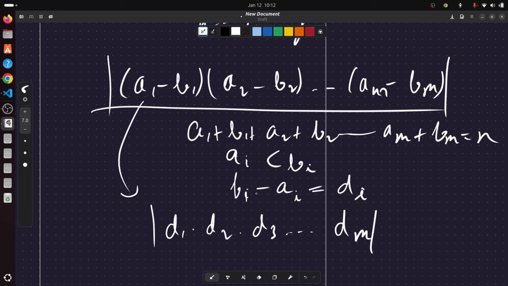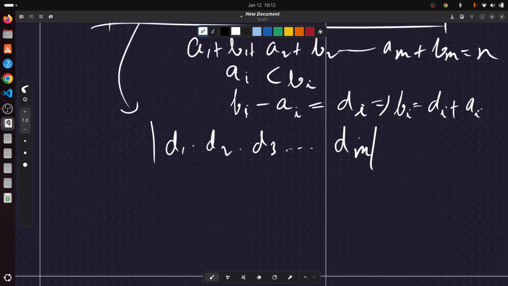Since I have written bi minus ai as di, bi is equal to di plus ai. And here all the di's have to be positive, since ai is less than bi, so di should be greater than or equal to 1.